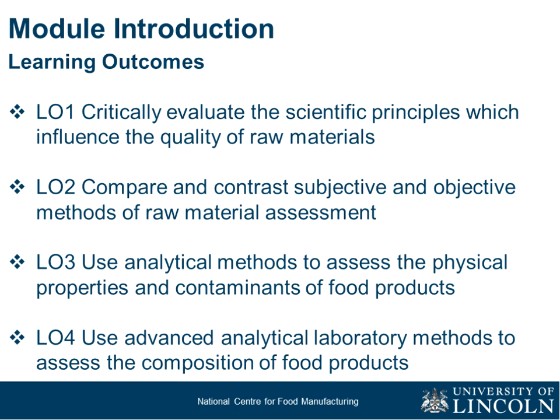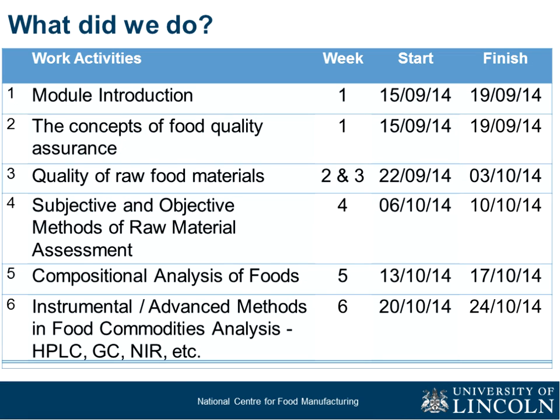I'm going to be going through some of them, not necessarily in that order, but in the order of our delivery during the semester. You remember when we started, the first thing we did was to introduce the module to you, and the first one we had on week 1 is the concept of food quality assurance.